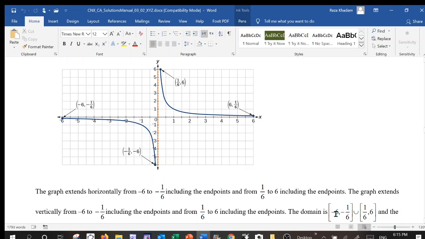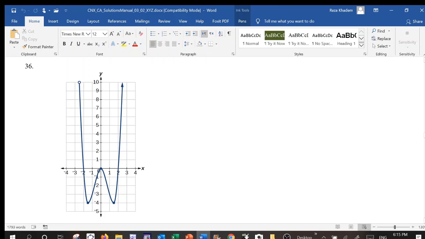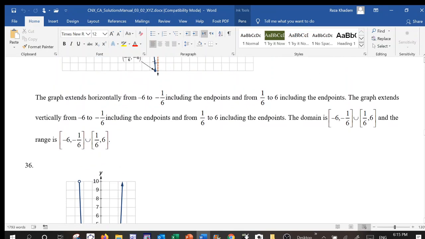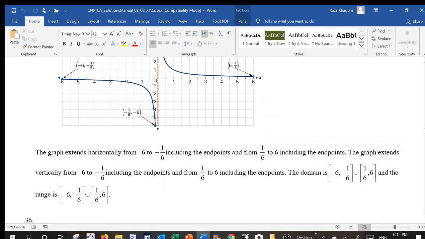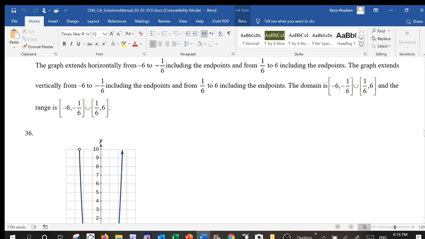So as you see it right here, that's the domain, and the range is what I just described. So that's the domain and that's the range. See, from -6 to -1/6, union from 1/6 to 6. All right, so that was number 35.